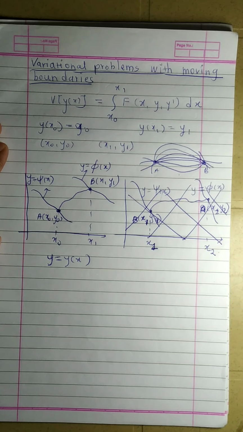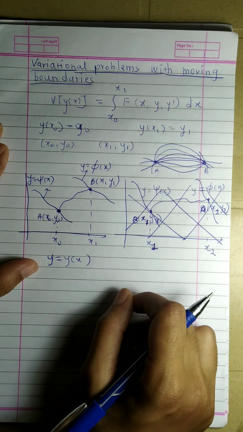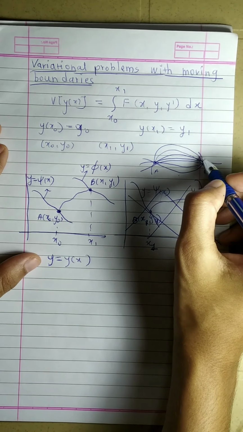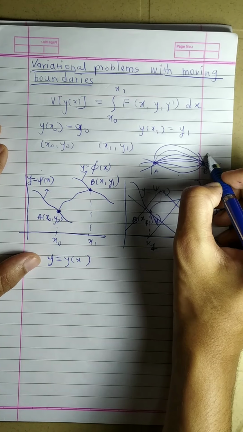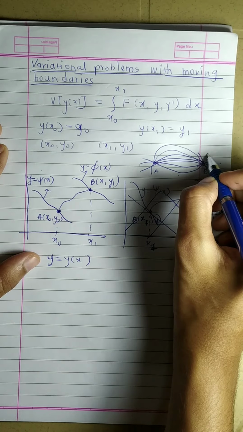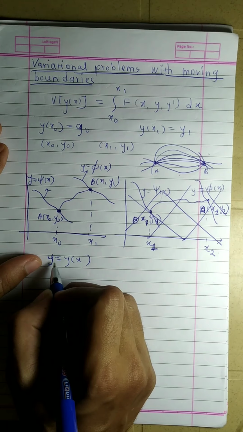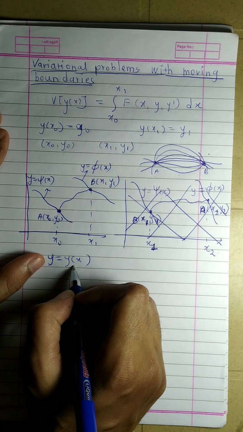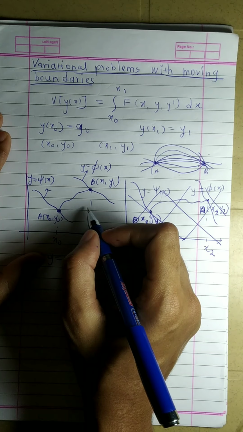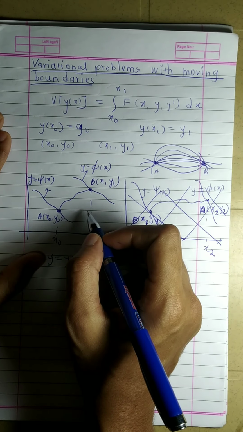And therefore the basic condition for achieving the extremum in a problem with fixed boundary points, and what is that condition? It's the Euler-Lagrange differential equation. So that condition must be fulfilled by the function y equal to y of x. So whatever is this extremal that we get in this problem with moving boundary, it must also satisfy the Euler-Lagrange differential equation.